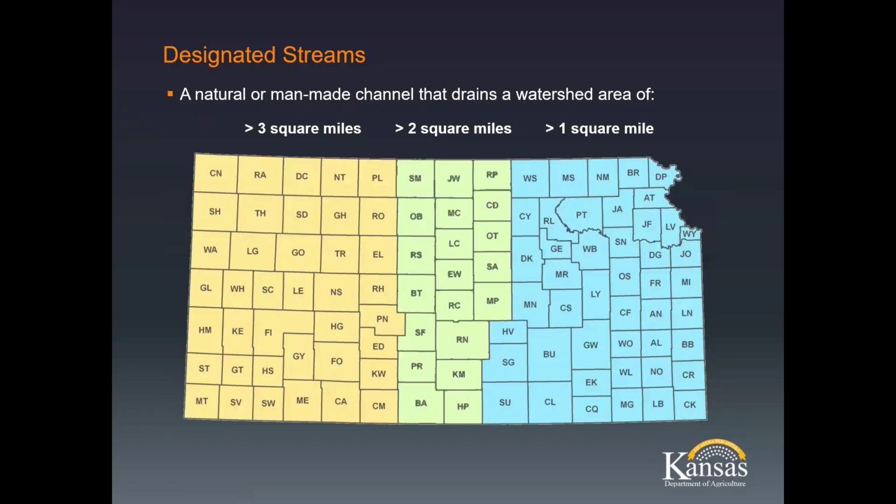Per Kansas statute 82a-301, it's a natural or man-made channel that drains a watershed area that goes with this map. So the eastern part of our state is 1 square mile or more of drainage that would go to that location. In the middle of our state, it's 2 or more square miles of drainage.